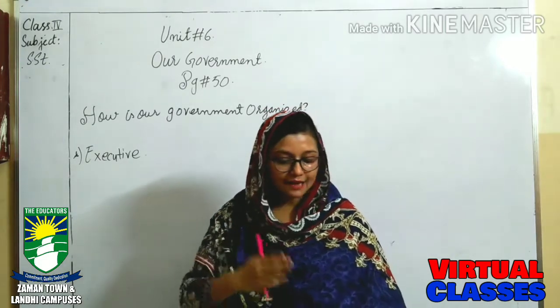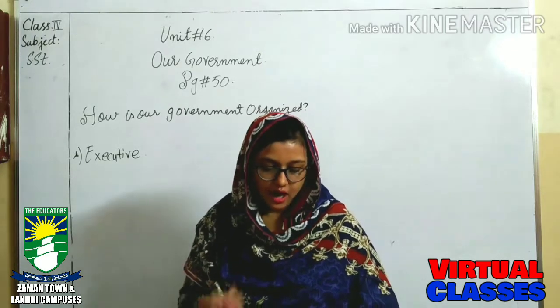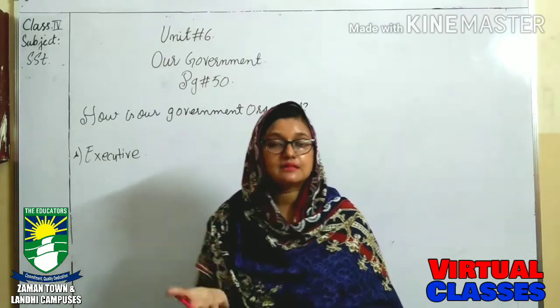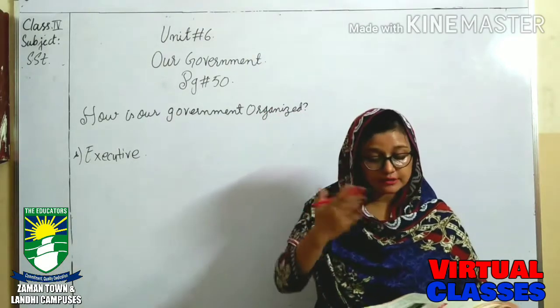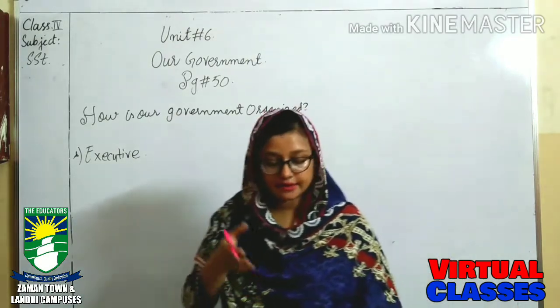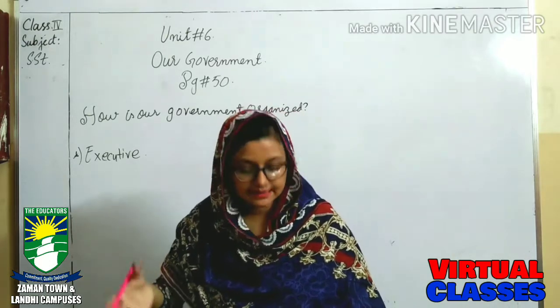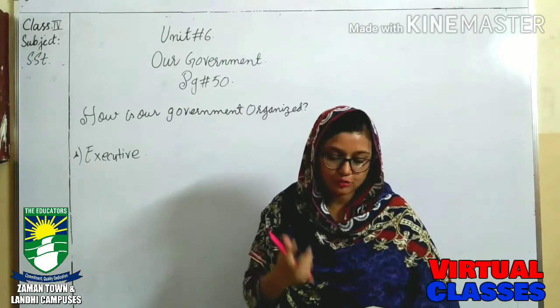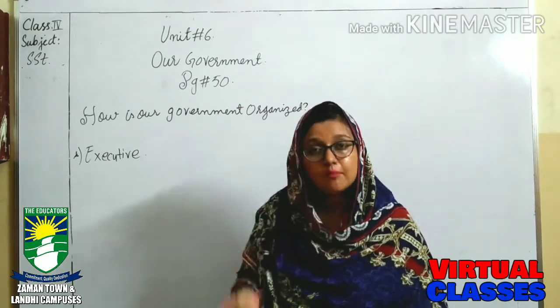Now it has to decide how the money collected in taxes should be spent. It means we have given the taxes, so the money collected in taxes should be spent. Now it has to decide how to make life comfortable for all Pakistanis.